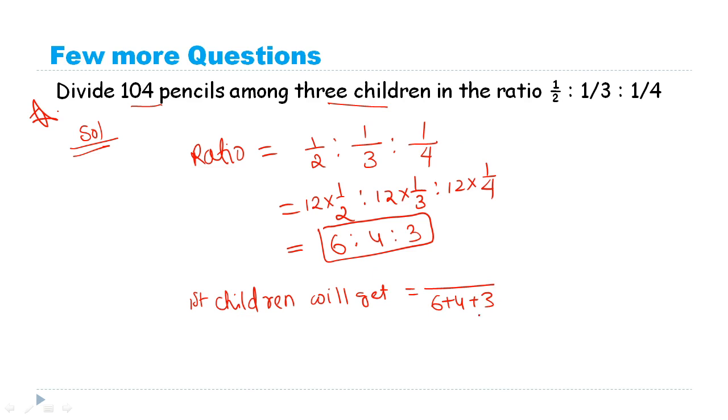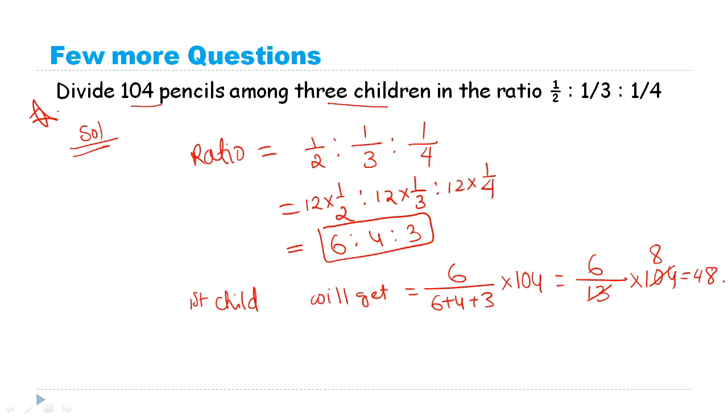From this, the first child gets 6 parts out of the total, and the total is 104 pencils. So 6 by 6 plus 4 is 10, 10 plus 3 is 13, into 104. If you do this calculation, 13 times 8 is 104, so 8 times 6 is 48.